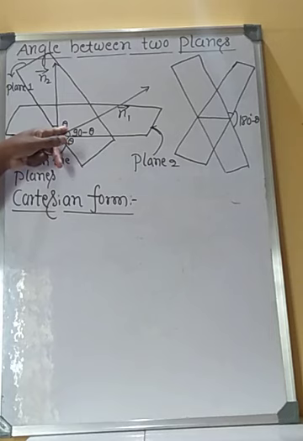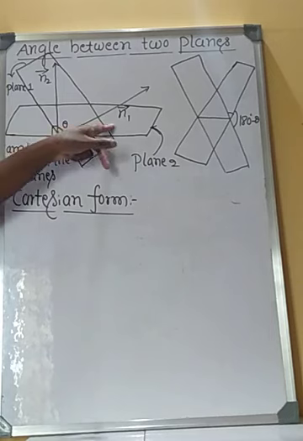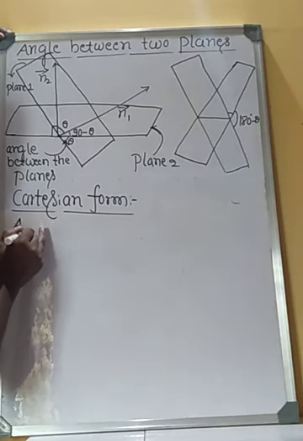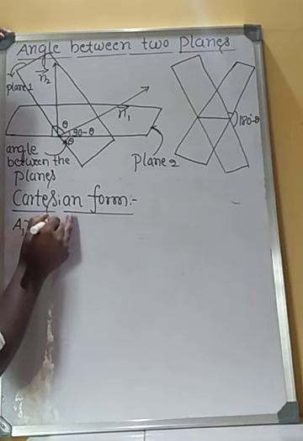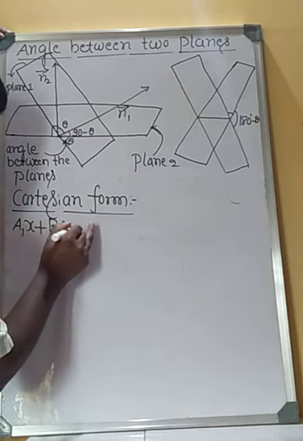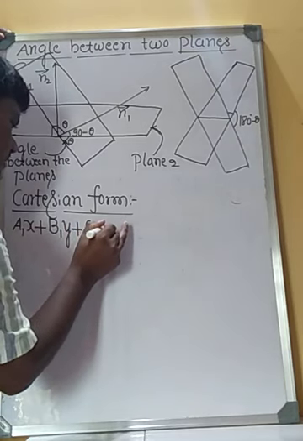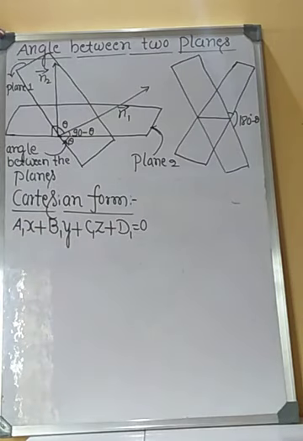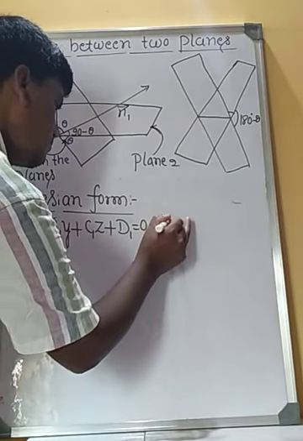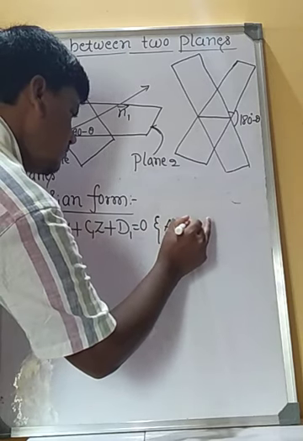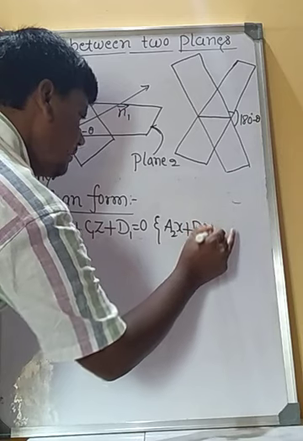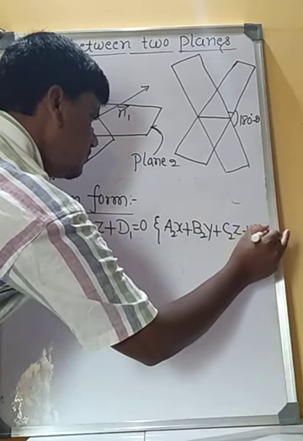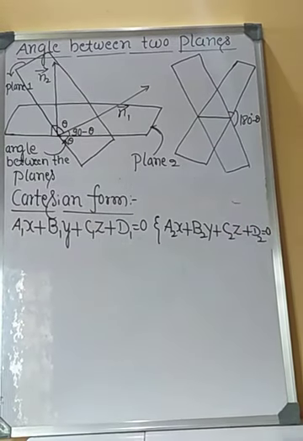Let theta be the angle between the planes, that is a1x plus b1y plus c1z plus d1 equal to 0, and a2x plus b2y plus c2z plus d2 equal to 0.